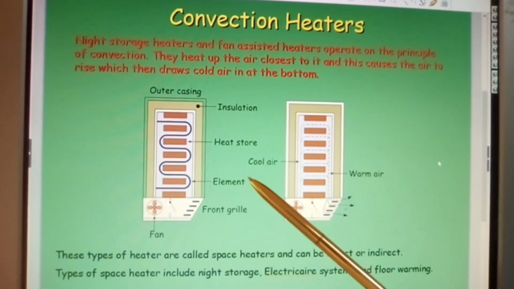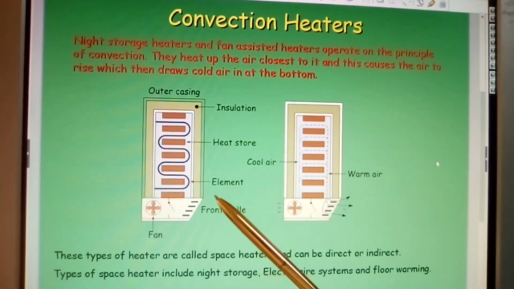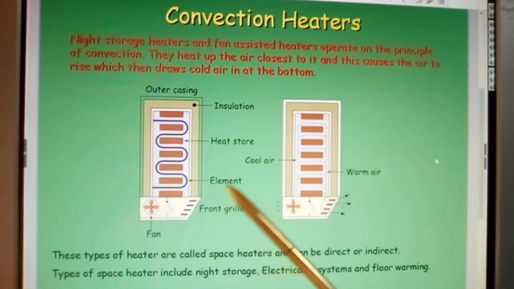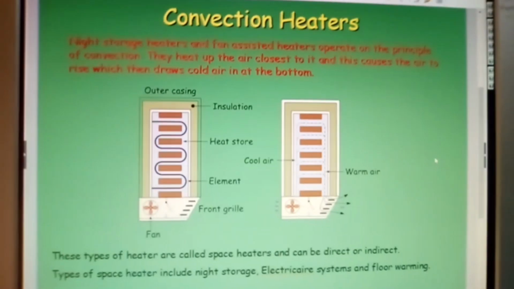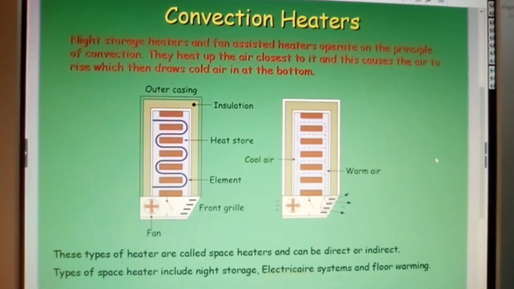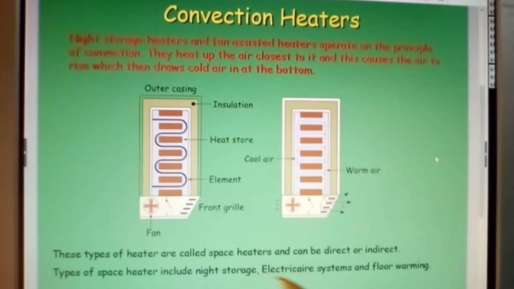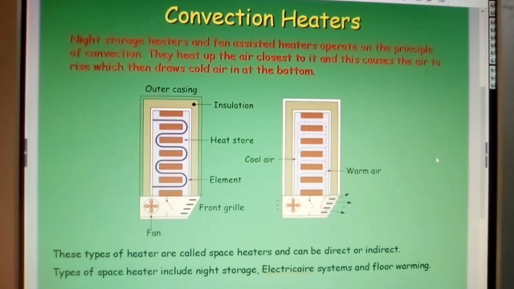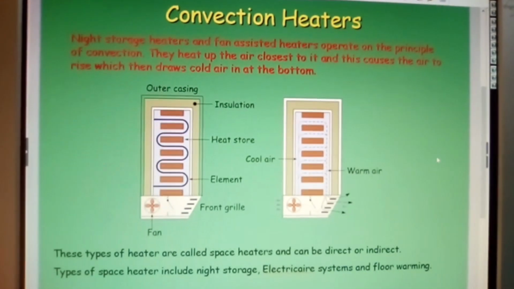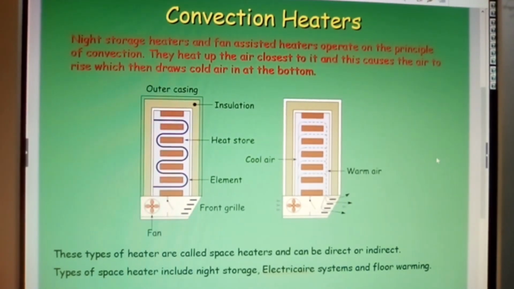Cool air passing over the elements, front grill, etc. Now these types of heaters are called space heaters and can be direct or indirect. Types of space heater include night storage, electric air systems, and floor warming.